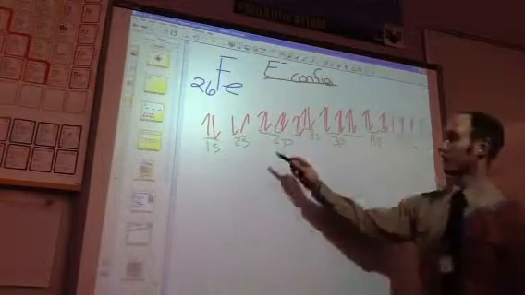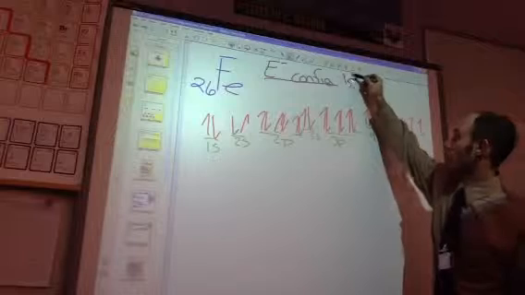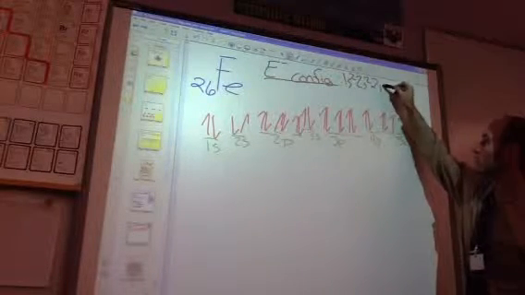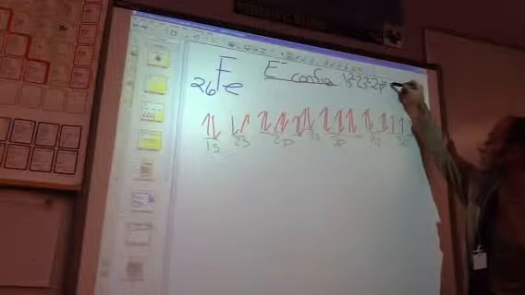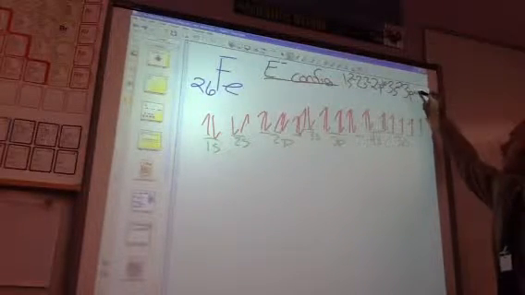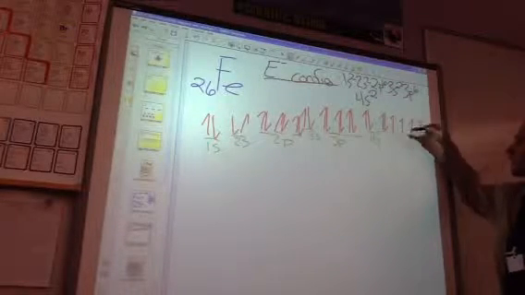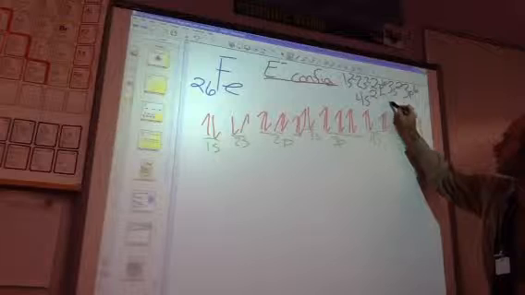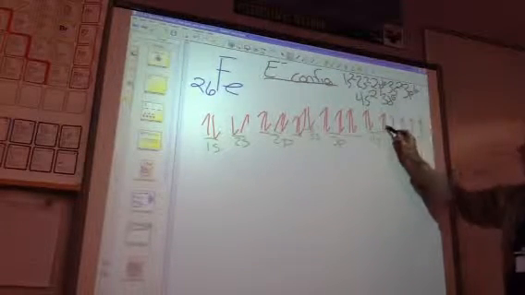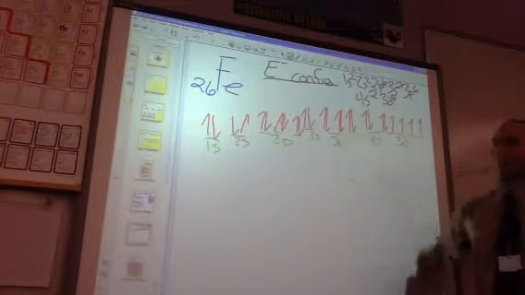The electron configuration of iron: 1s2, 2s2, 2p6, 3s2, 3p6, 4s2, 3d6. Count: 1, 2, 3, 4, 5, 6. That's the electron configuration of iron.